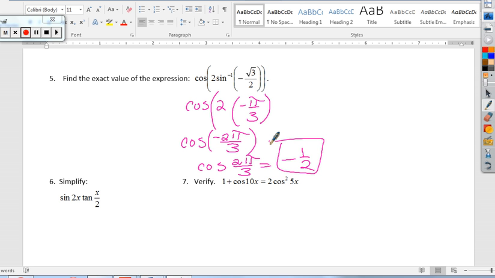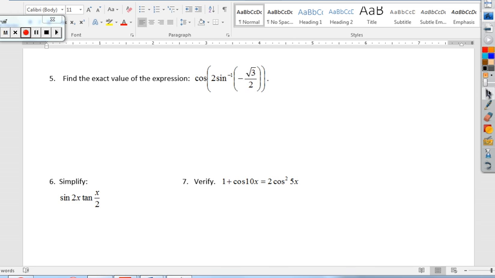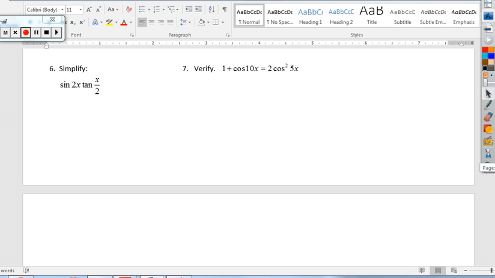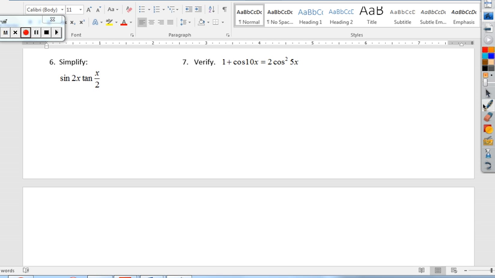Alright, we're just going to do a little simplifying and verifying. We'll be done with this lesson. Let's see. The sine of 2x, I just want to simplify this. This is the same as 2 sine x cosine x, and the tangent of x over 2 would be 1 minus cosine x over sine x.